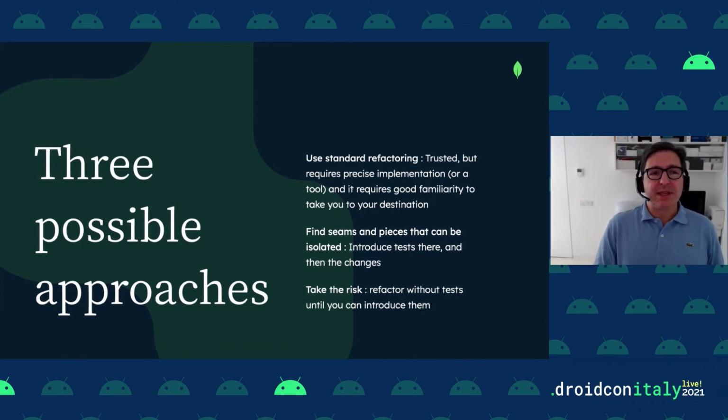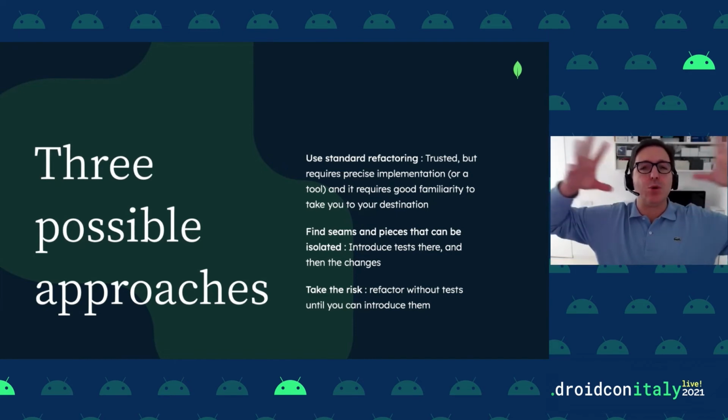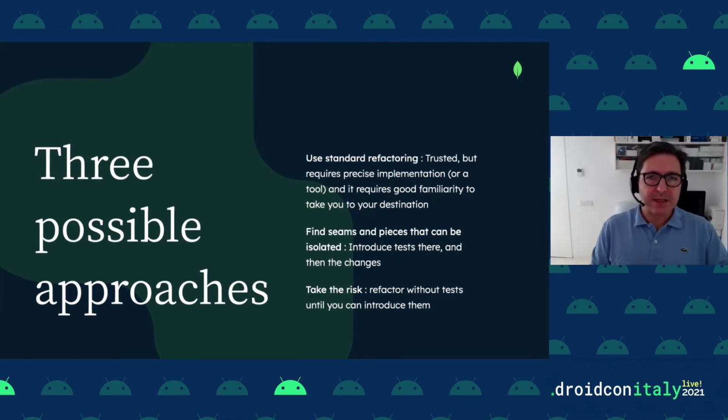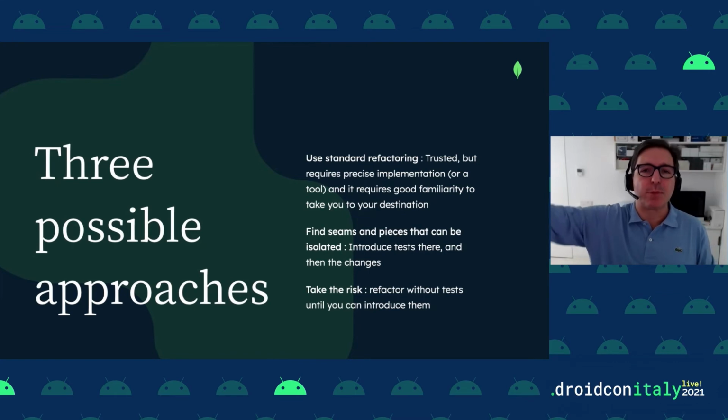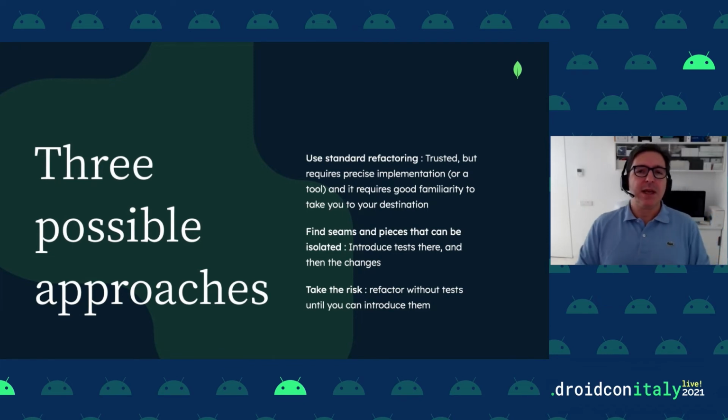That is good, but this is just like knowing how the pieces move in the chessboard. It's very important that you know how to do that, but you need some additional strategy and good understanding of all the process in order to be able to go from A to B using those movements. You need the movements, but you need something else. The other thing that you can do is to find seams and pieces that can be isolated.